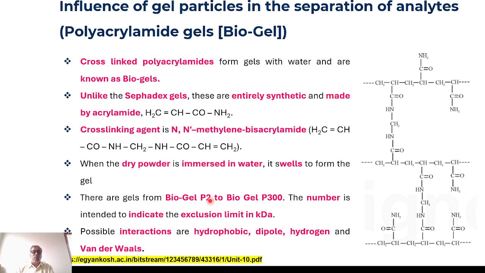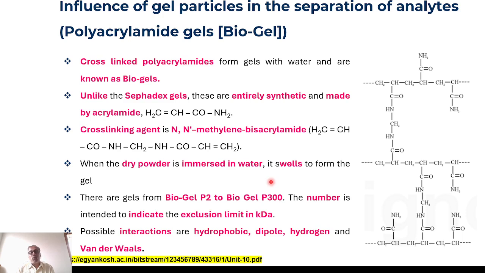P2 means proteins or any high molecular weight molecules up to 2 kilodalton will be allowed inside the gel; they will be included inside the gel. Beyond that, molecules with a weight of 3 or 5 kilodalton will not be included by the gel; they will be excluded. Similarly, 300 means 300 kilodalton.